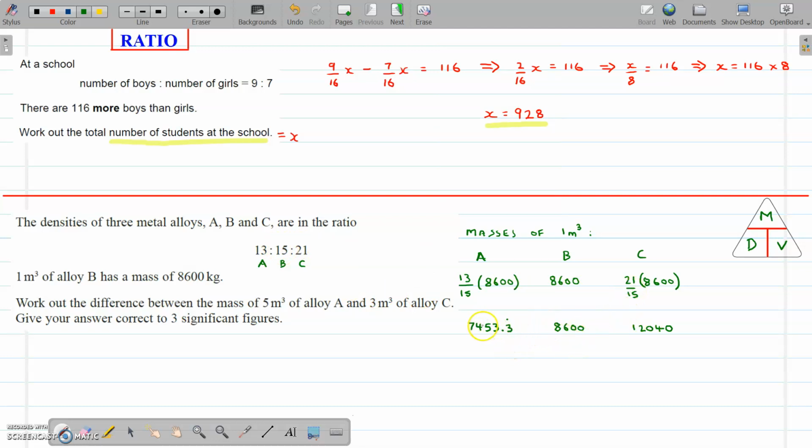So I now know the mass of 1 cubic meter of each alloy, but I want 5 of these, because I want the difference between 5 cubic meters of this and 3 of this.